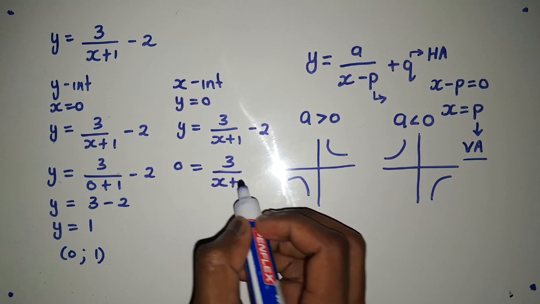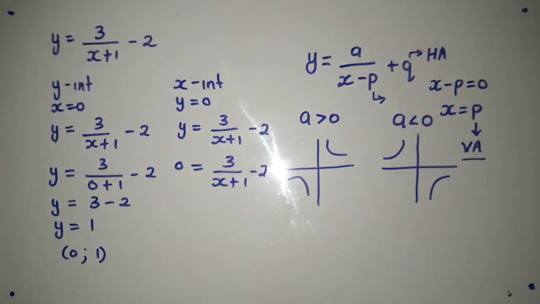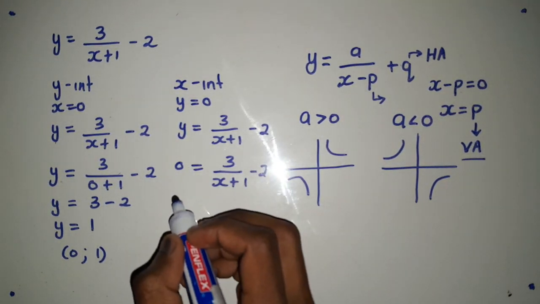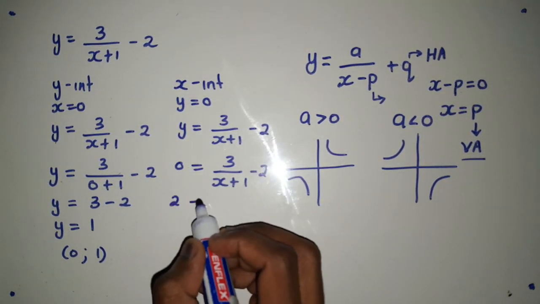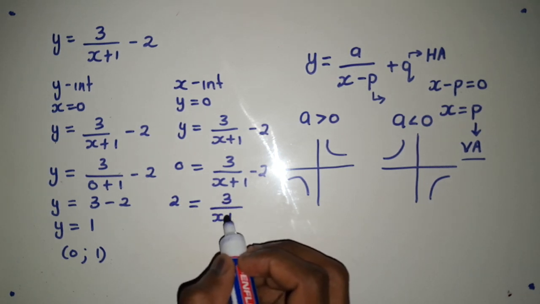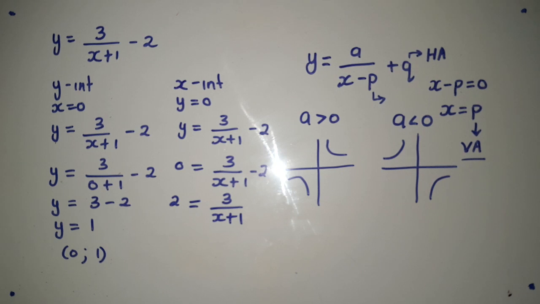We need to solve for x. We are going to take this 2 to the left-hand side, so it's positive 2. We have 3 over (x plus 1).